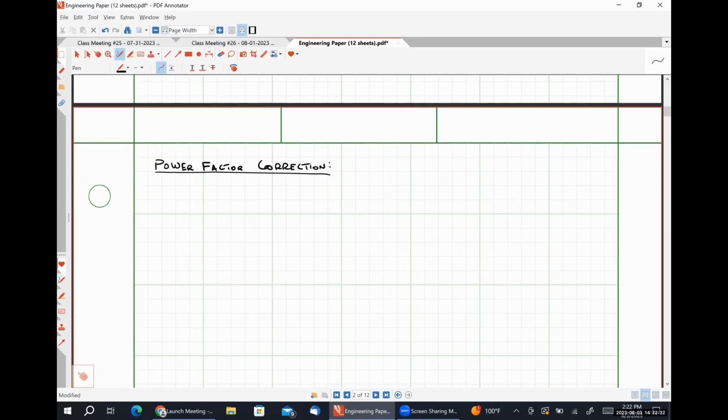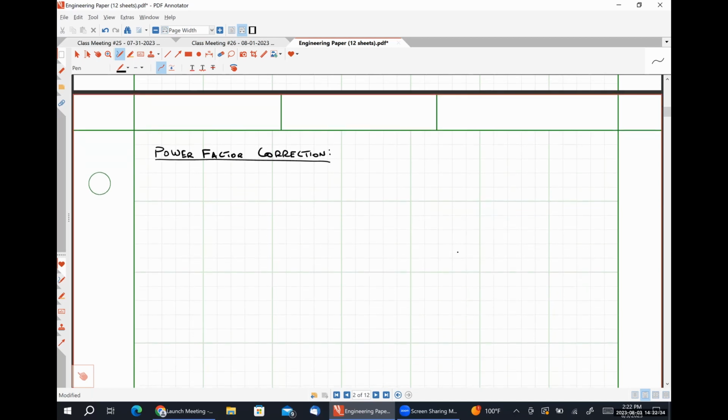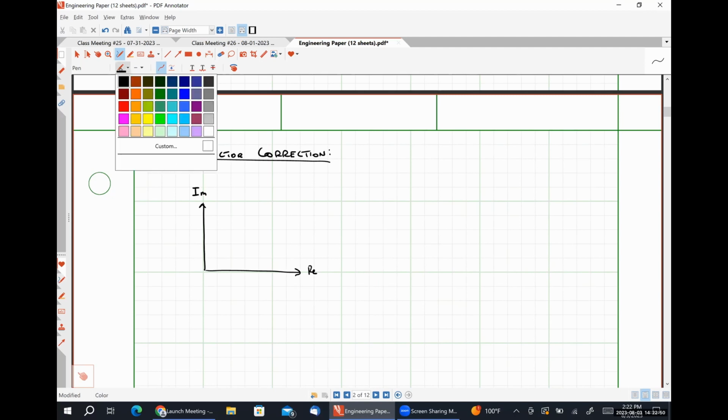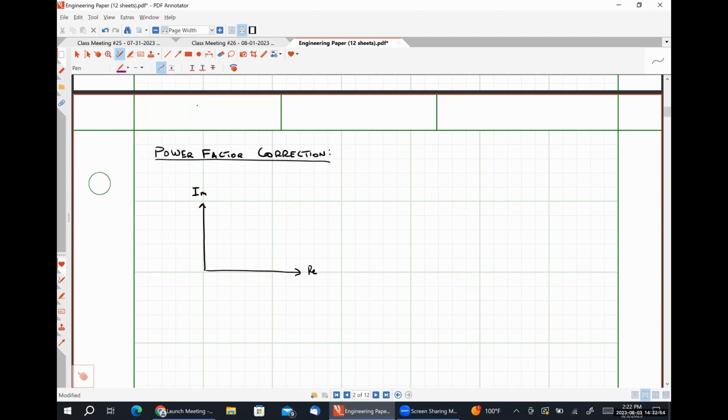So let's say that I have a situation much like the problem that we just worked. I'm drawing a power triangle here. My real axis is the horizontal axis, my imaginary axis is the vertical axis, and let's make this purple.